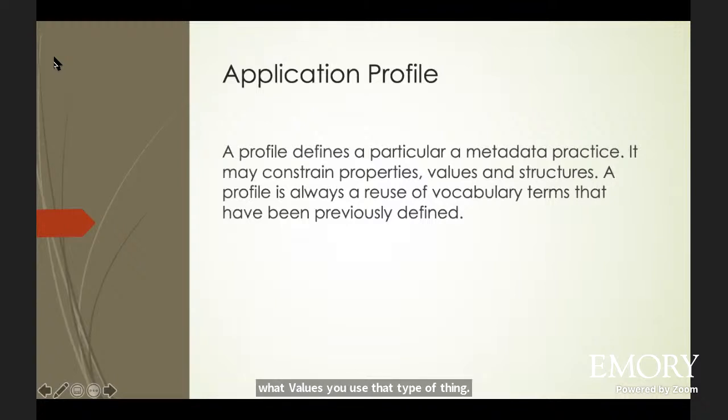One thing that is specific in Dublin Core, and I think is a very good rule, is that a profile defines a particular set of properties, but it also is by definition a reuse of vocabulary terms that have been previously defined.